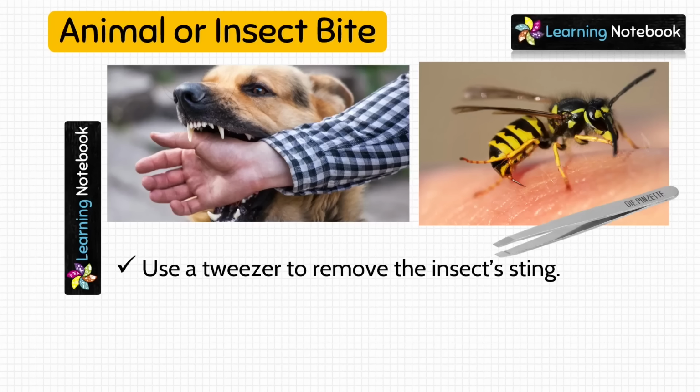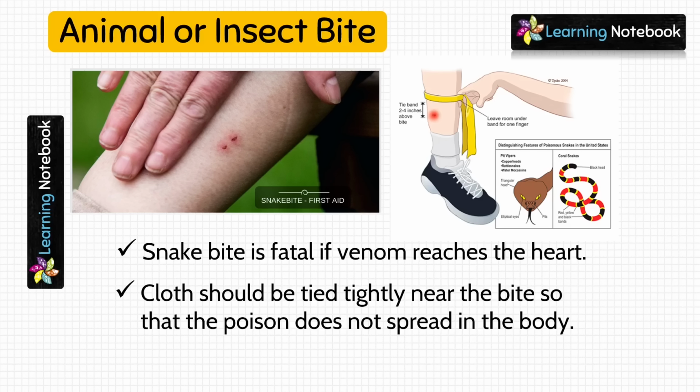So, first of all, to avoid this situation, a cloth should be tied tightly near the bite, as you can see in the second picture, so that the poison does not spread in the body. And lastly, make sure that you take the affected person to the doctor immediately.